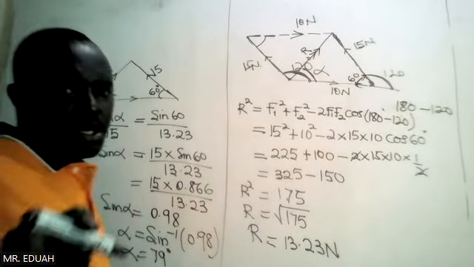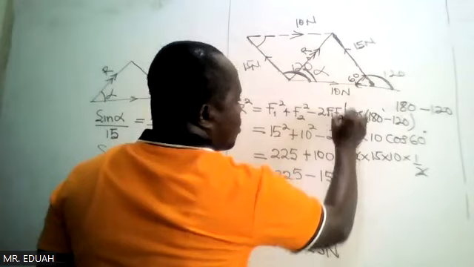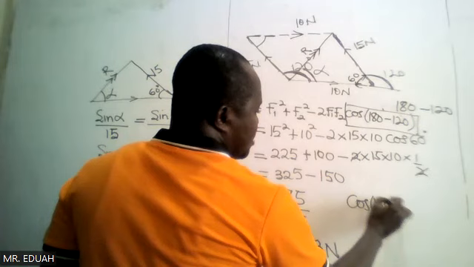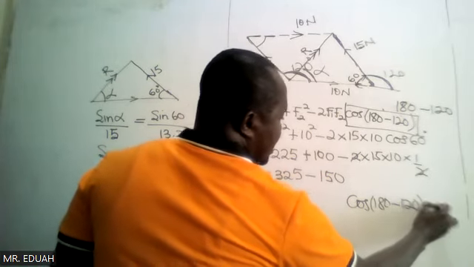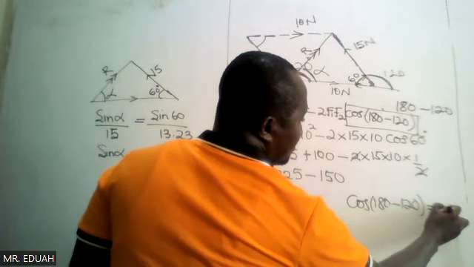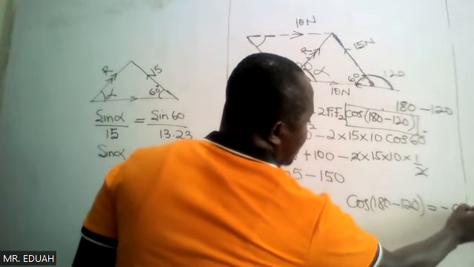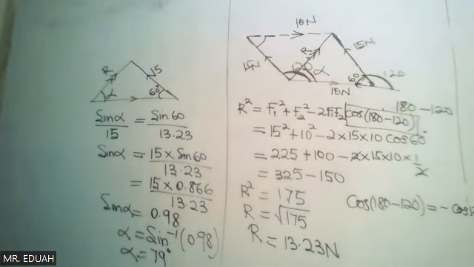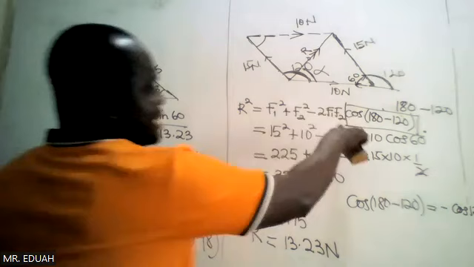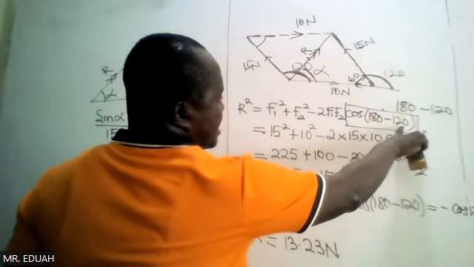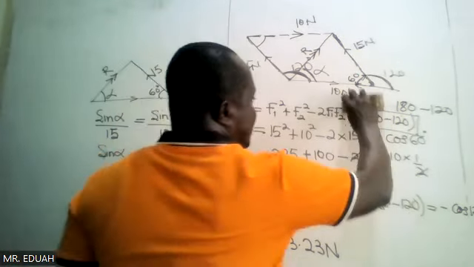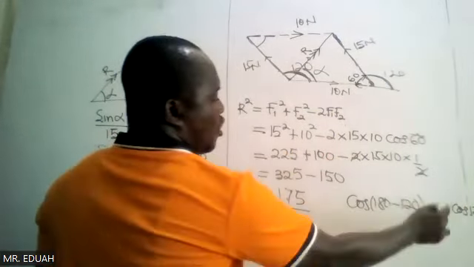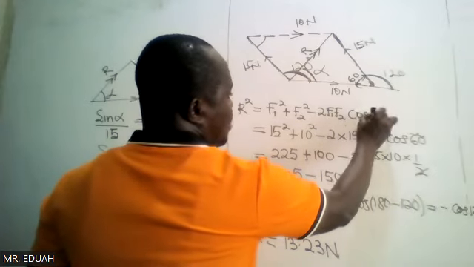Please take note that this cos 180 minus 120 is equal to negative cos of 120. So it means that we can just clear cos 180 minus 120, which is cos 60, and then put in negative cos 120.